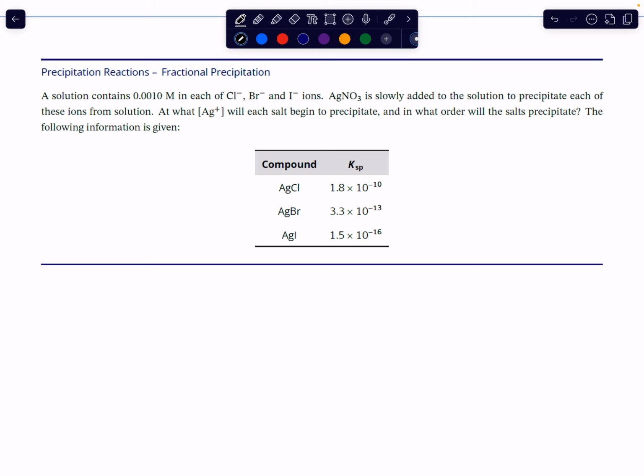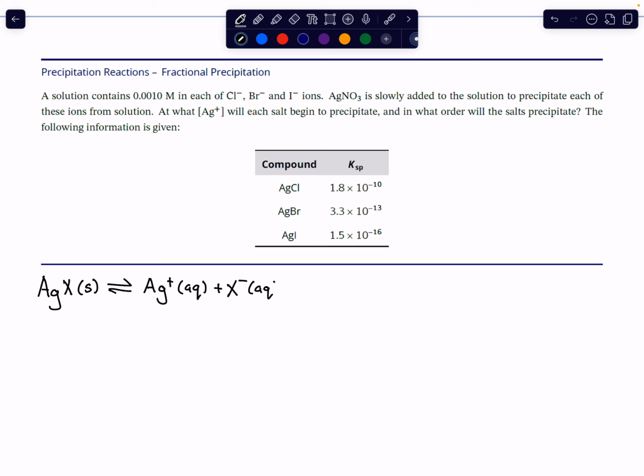Now the general idea here is that we have a silver halide salt, which exists in some aqueous equilibrium with the silver plus and the halide anion.